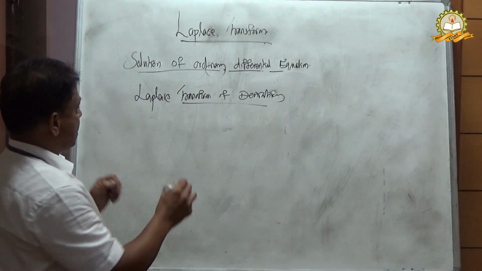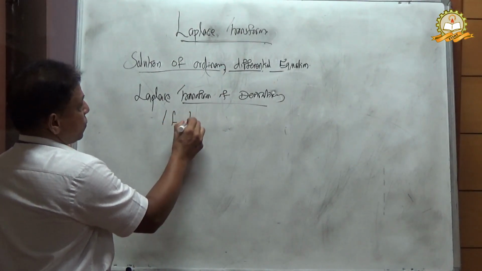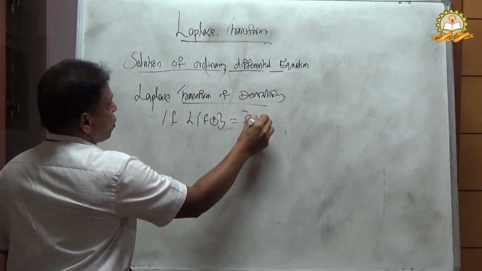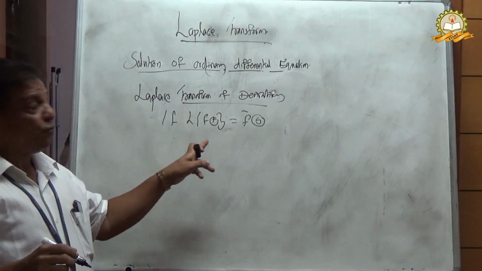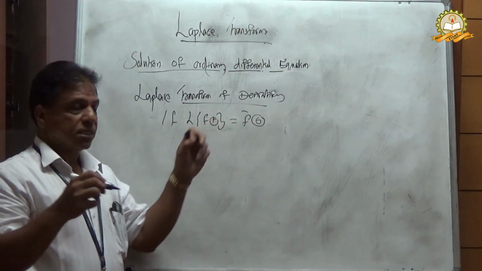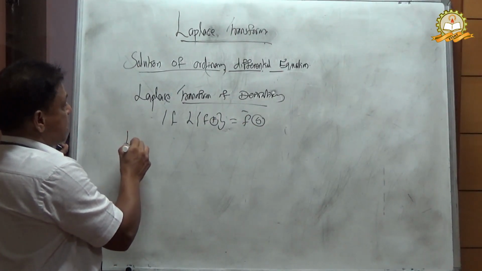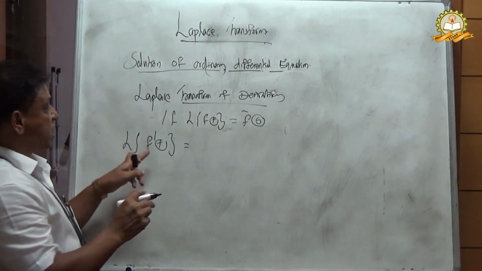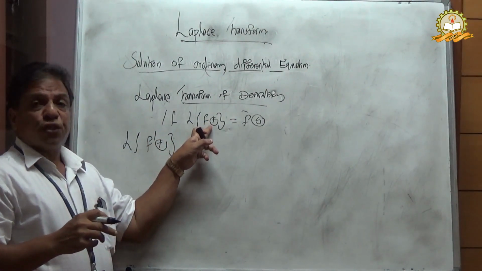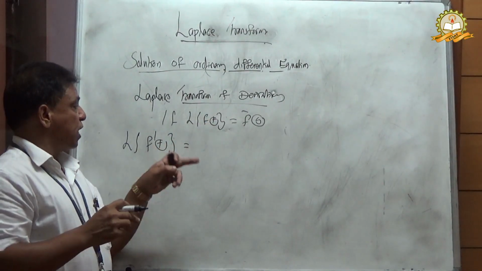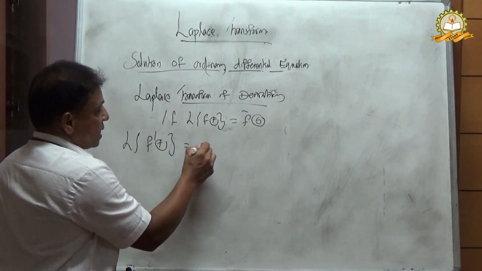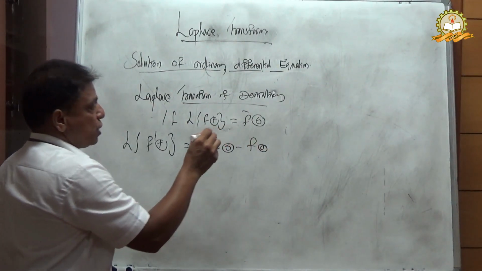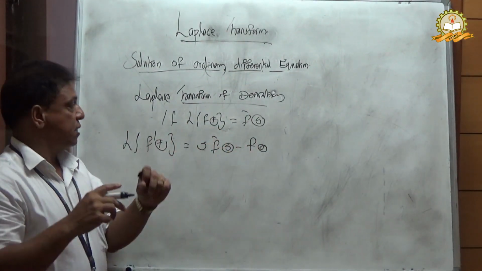The result says that if Laplace transform of function f of t is equal to f bar s, then Laplace transform of the function f dash t, that is the derivative of the function f of t, is equal to s into f bar s minus f0. f0 is the initial condition.